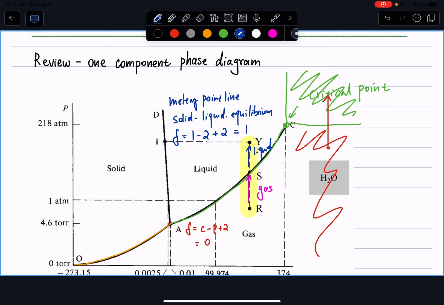So back to that plot, what do we know about that? At this point, which is my gas-liquid equilibrium point, we have dGm gas phase equals dGm liquid phase. So let me just annotate it with gas phase.